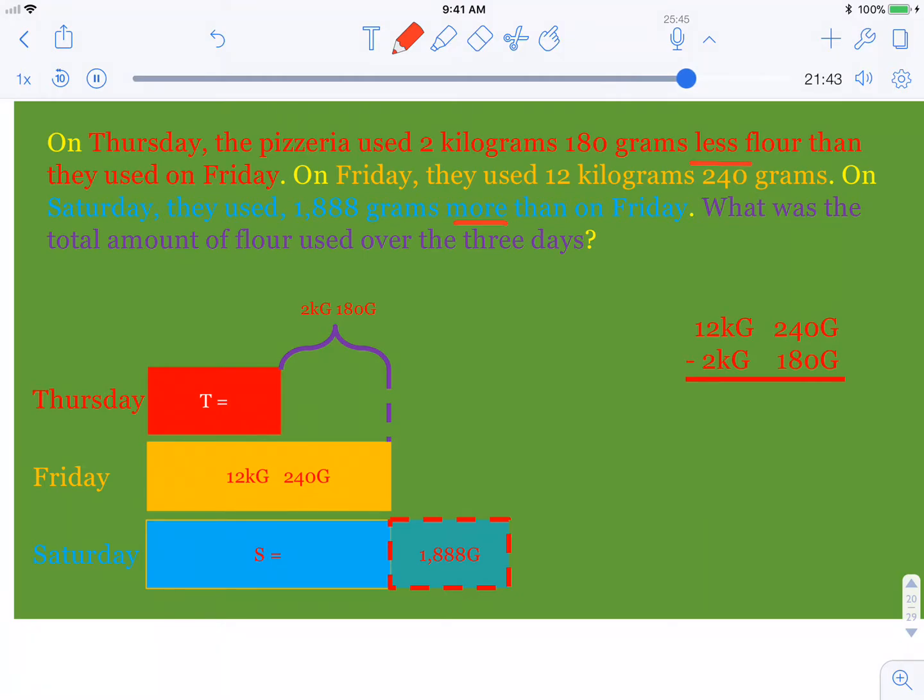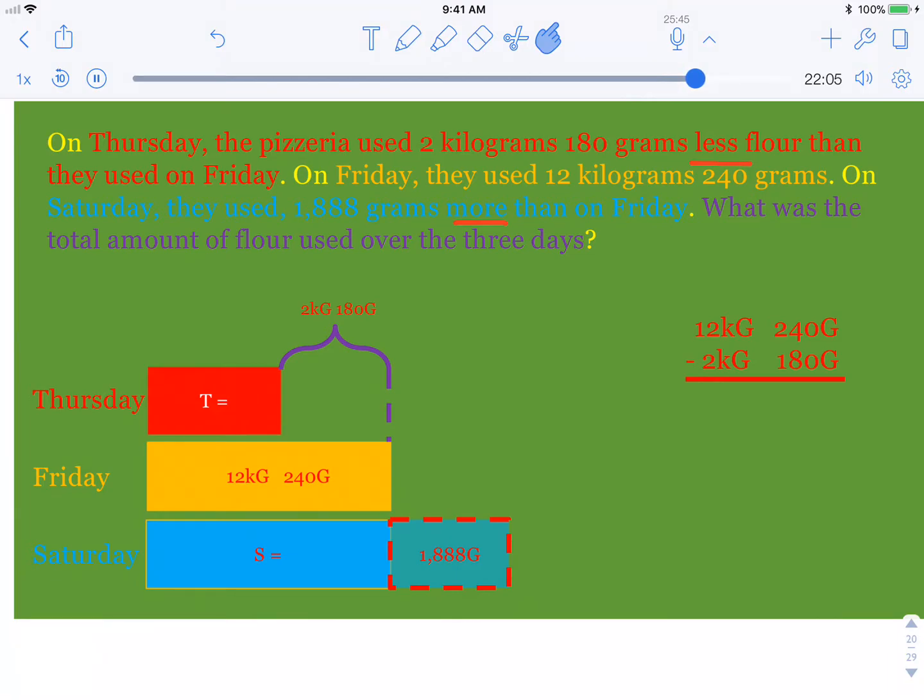So the question is, what was the total amount of flour used over the 3 days? To find out the total amount of flour, first I have to find out how much flour they used on Thursday.